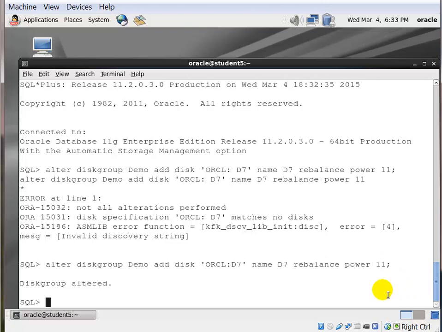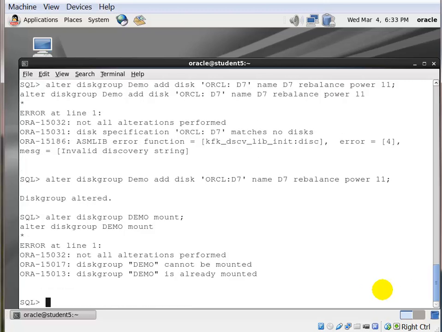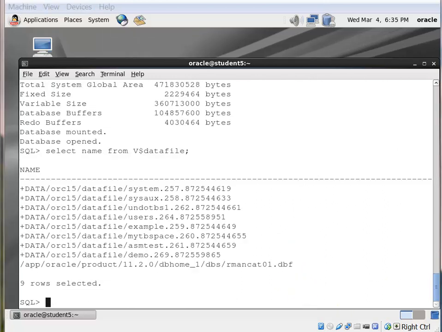Now here's also the rebalance power option. The rebalance power can range from 1 to 11. The higher the number, the faster it will finish rebalancing the disk. Only upon rebalancing will the disk be open for business.